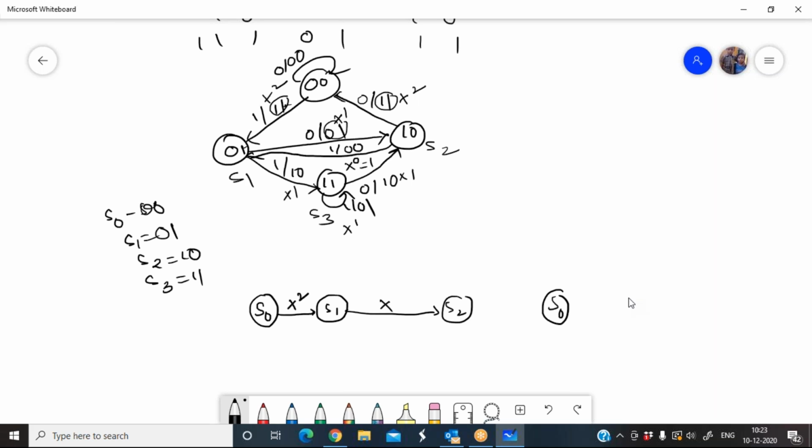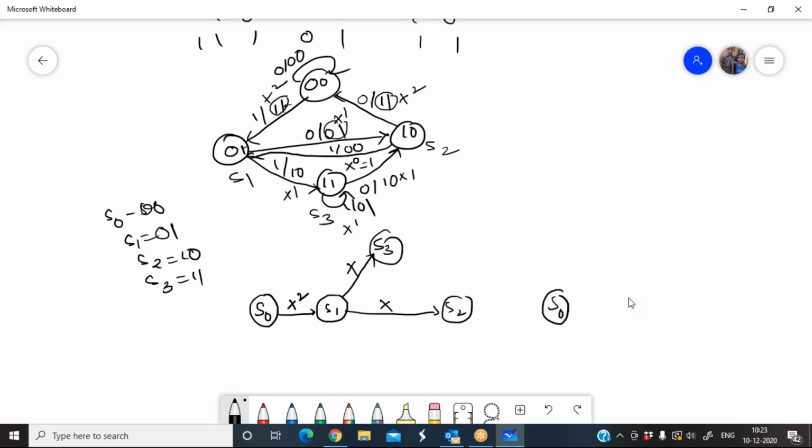X is the path gain. Suppose here I want to take S3. S1 to S3 is X. So the placing of S0, S1, S2, S3 is your wish. So S1 to S2 path is completed, and S1 to S3 path is also completed.